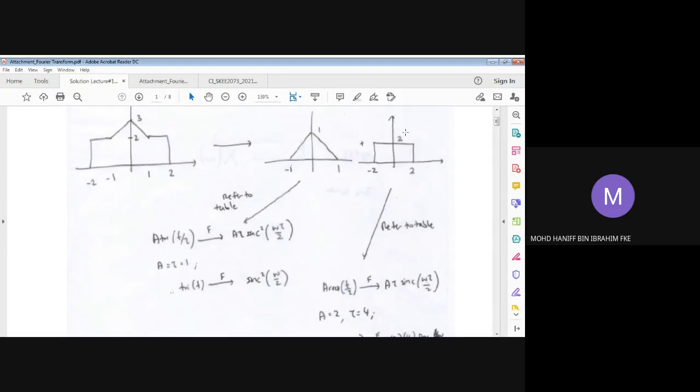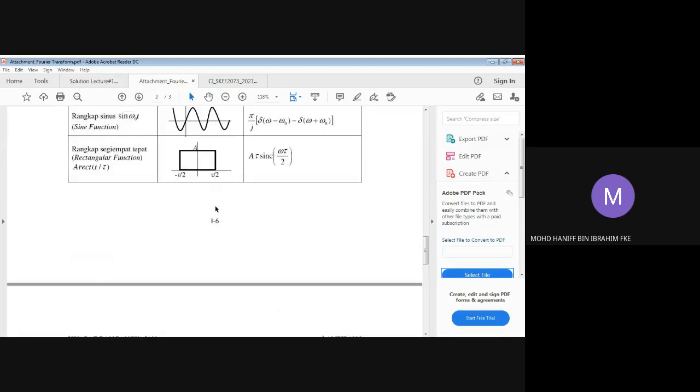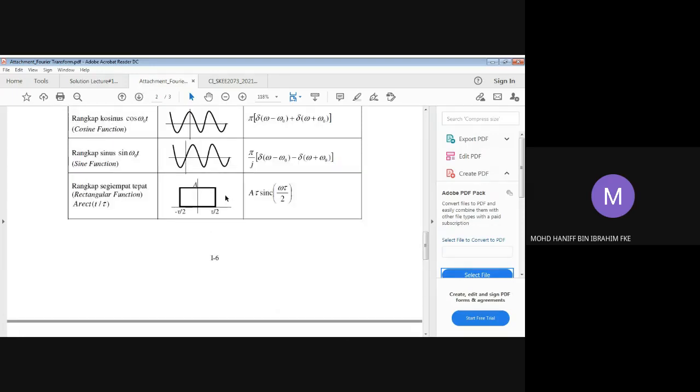The same thing applies for the rectangular function. If we go back to the table attachment, the rectangular signal is given on the second page. This shows that if we have a rectangular function in which the amplitude is A and the duration is from negative tau over 2 to positive tau over 2, the signal is A rectangular(t divided by tau).